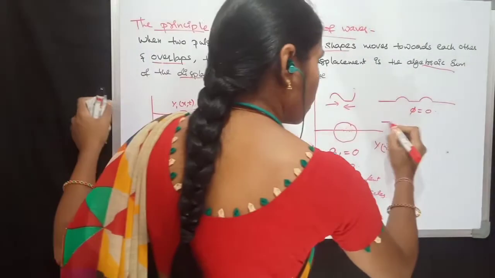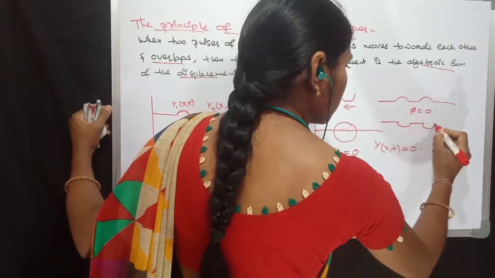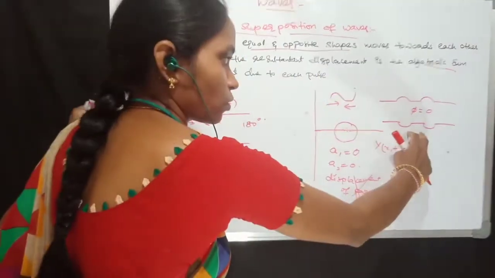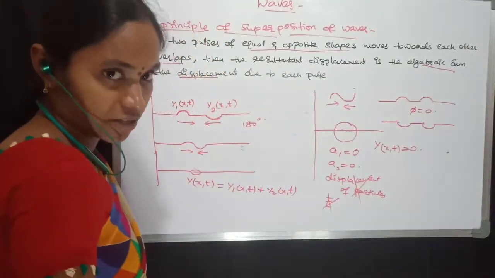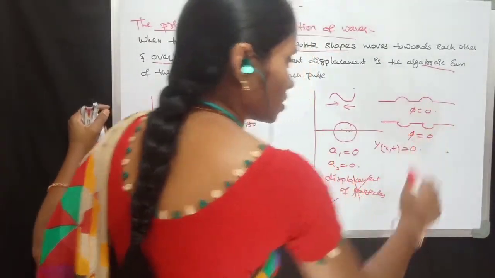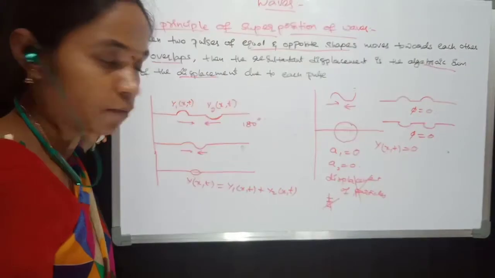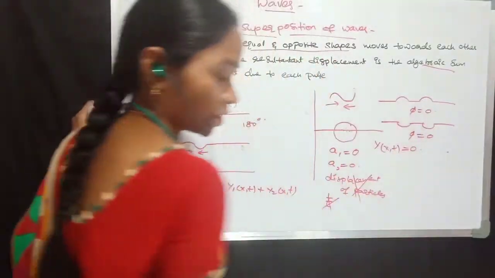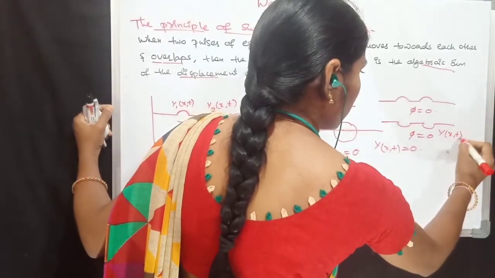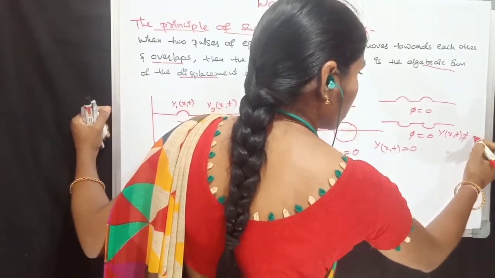For these pulses, that means these are crests, these are troughs. Two equal troughs or two equal crests. For equal troughs and equal crests, the phase difference will be equal to 0. Whenever they overlap each other, there will be a resultant displacement which will not be equal to 0.